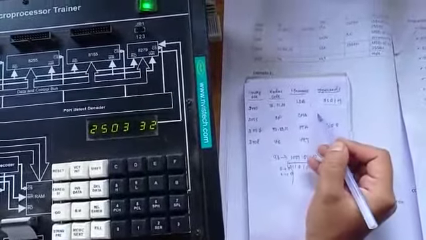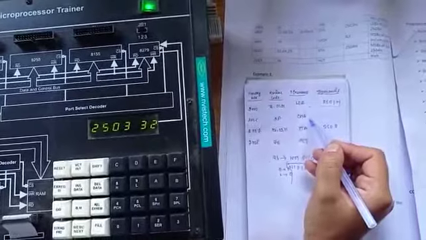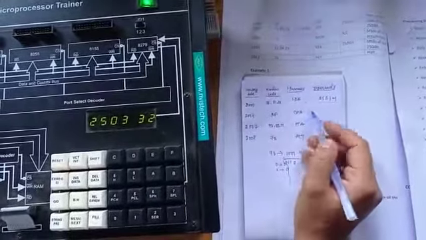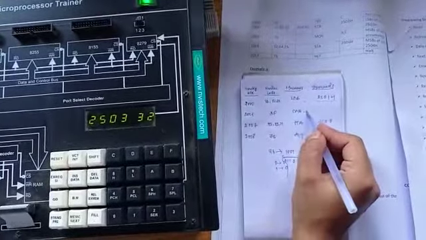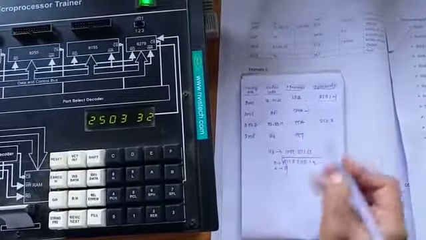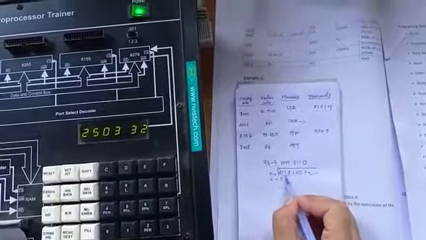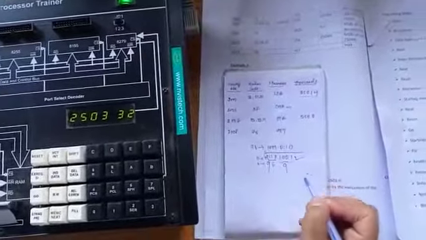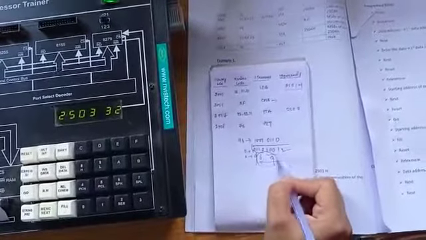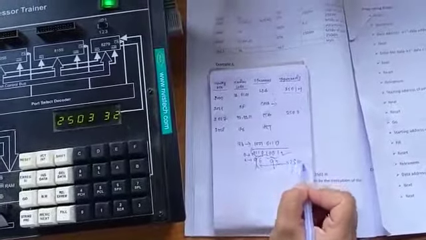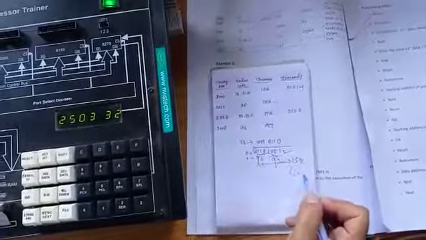Now find this accumulator data, that is 96, and find its 1s complement, that is 69. Now store this data in the memory location 2502 and stop this program.